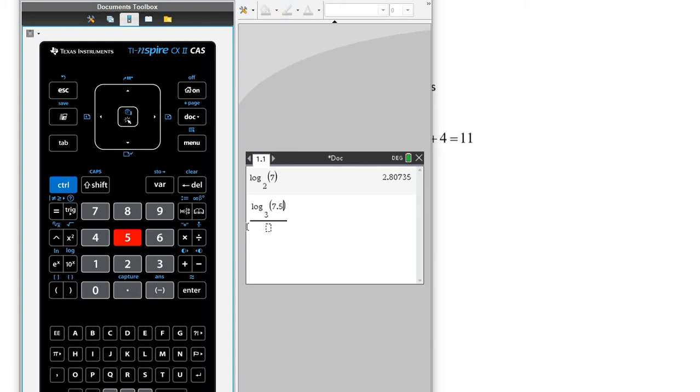And then outside of the parentheses is the plus 5, still in the numerator of the fraction, but outside of the parentheses, because we're taking the log base 3 only of the 7.5, not of the 5 also. Divide the whole thing by 2. I just hit enter to make sure it looks like I want it to look, and there is my solution. Great.